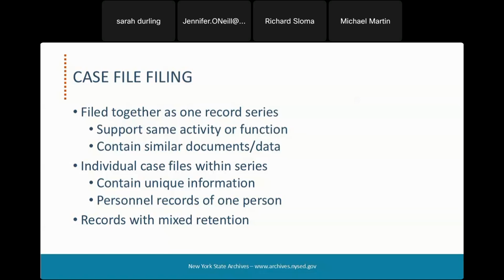Case files usually contain similar documents or data, which may be organized within the file by record type or retention. Okay, so filed together as a series, support the same activity, contain similar information, and then those case files are within that larger series, and that identifies the unique individual or the unique file for each person. And then, of course, as with everything, they have that mixed retention.